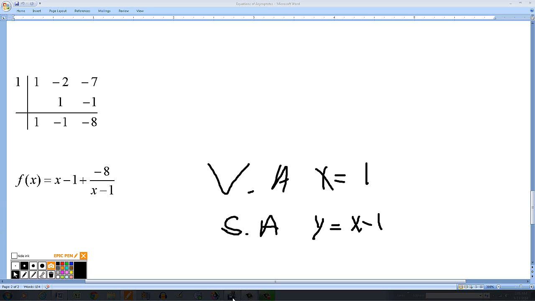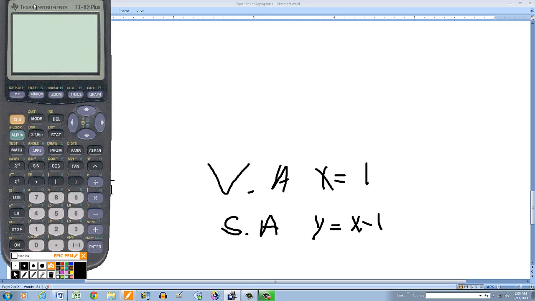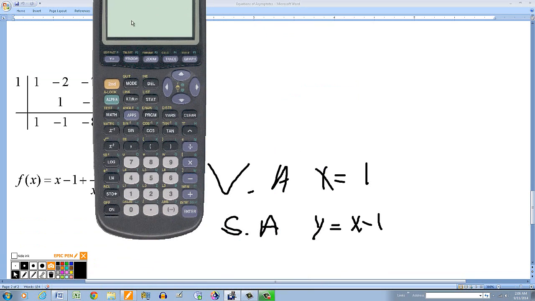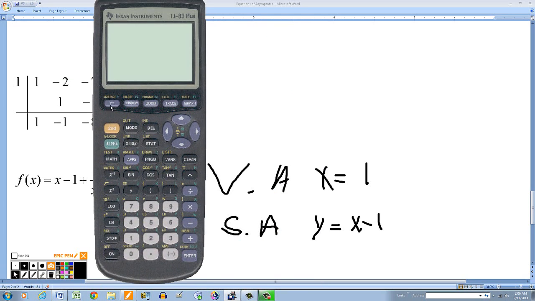Okay, so let's look at what the graph of this would look like if you were to do it in the calculator. You can do it also using the technique I went over a while ago, but here's what we have. Okay, so now I need to deselect this one.